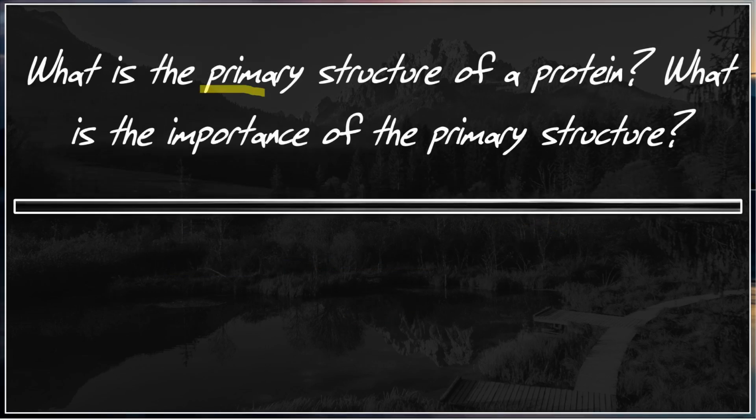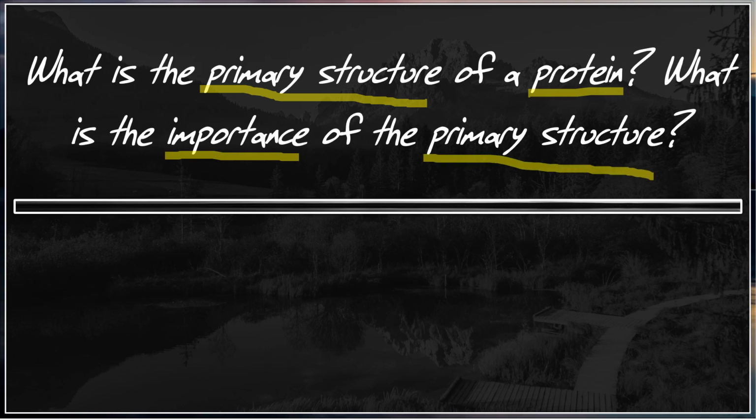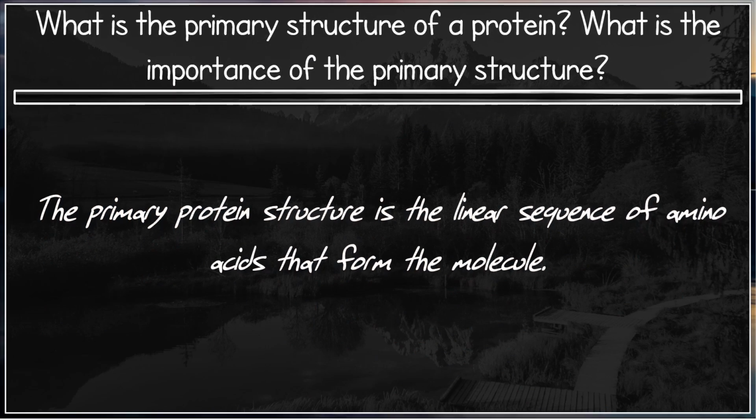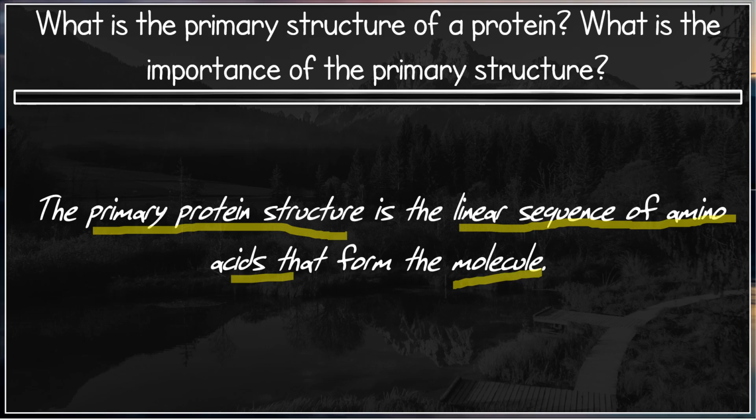What is the primary structure of a protein? What is the importance of the primary structure? The primary protein structure is the linear sequence of amino acids that form the molecule.